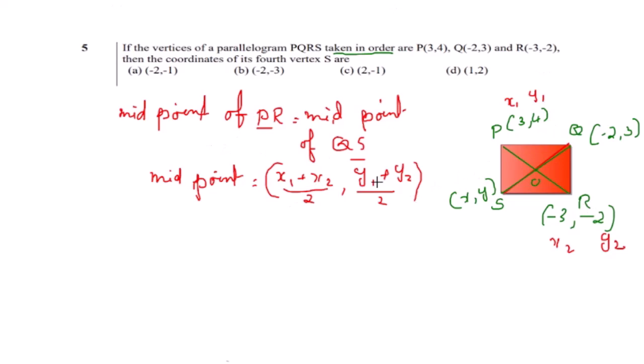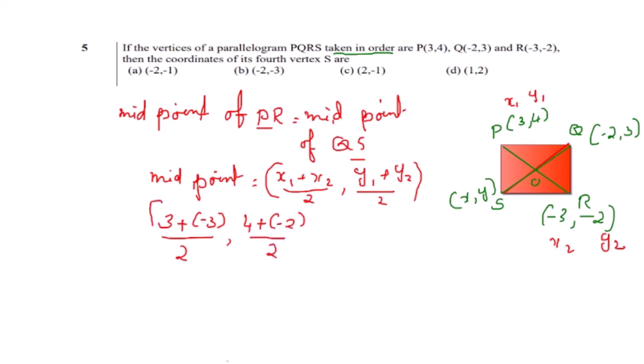Substitute here: on the left hand side we take the midpoint of PR, that is 3 plus minus 3 upon 2, comma, now the y coordinates are 4 and minus 2, so 4 plus minus 2 upon 2.